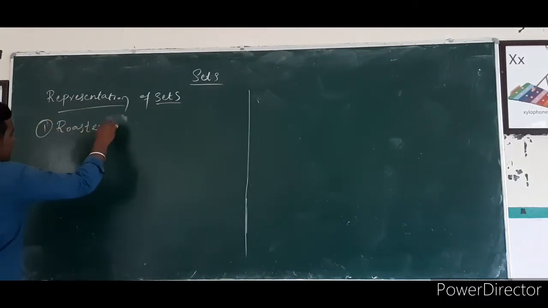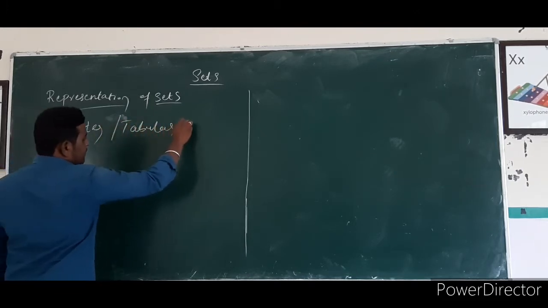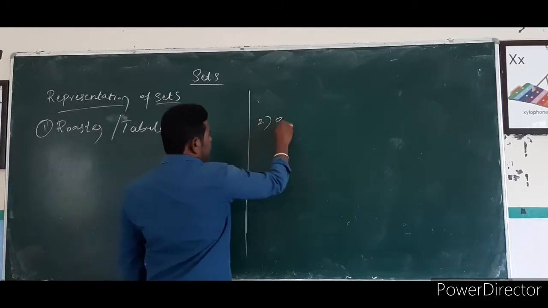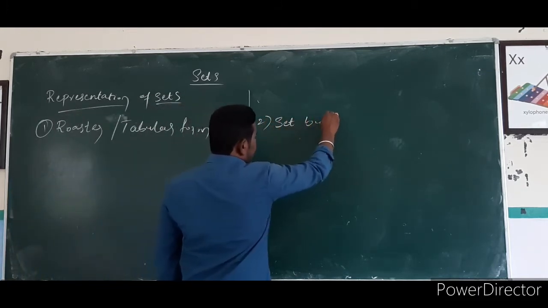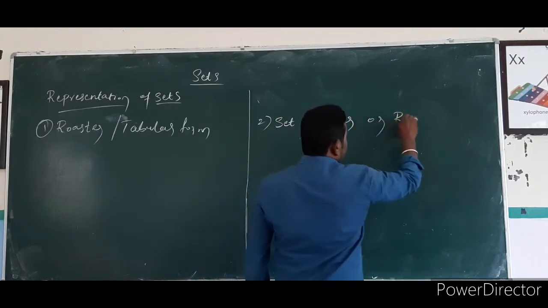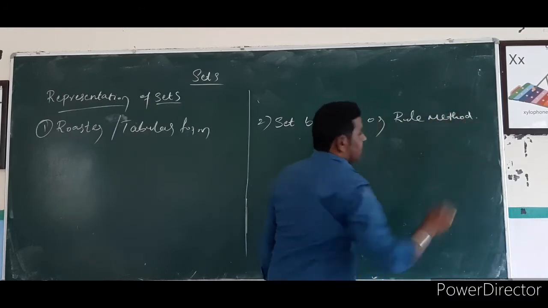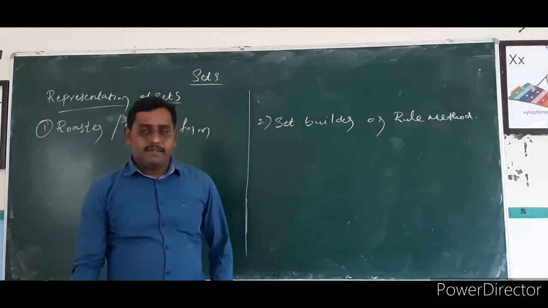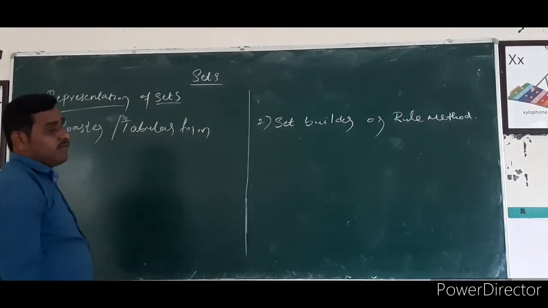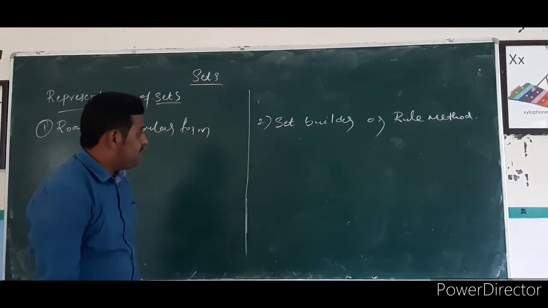Second one is set builder or rule method. What is meant by roster method and tabular form? First method, and this is the second method, set builder or rule method.